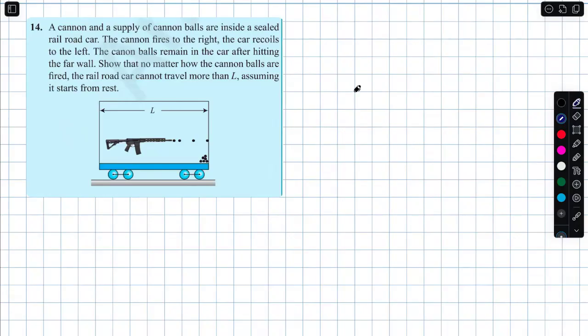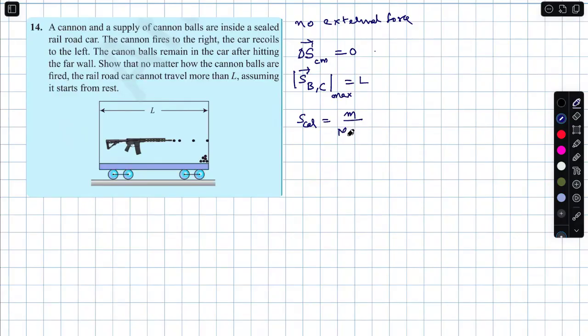So one point is, there is no external force, which means displacement of center of mass is 0. Agreed? So displacement of the balls with respect to the car, maximum value is L. So displacement of the car is small m by capital M plus small m times L. Right?